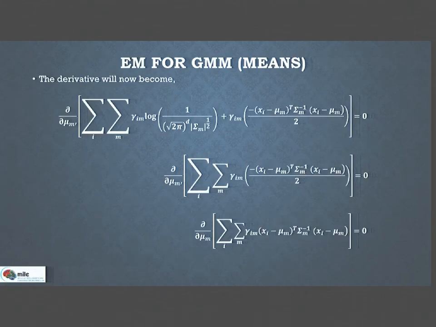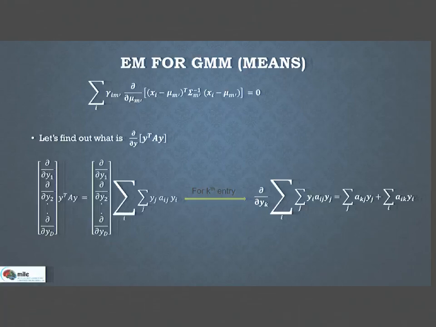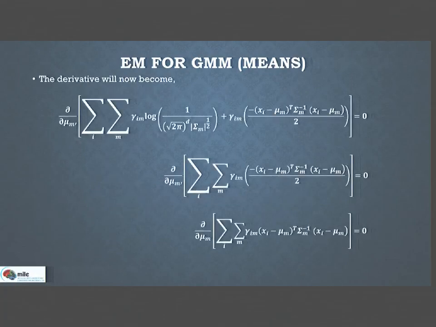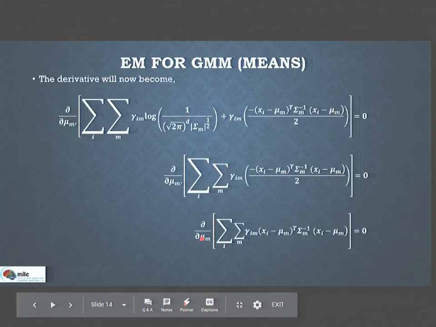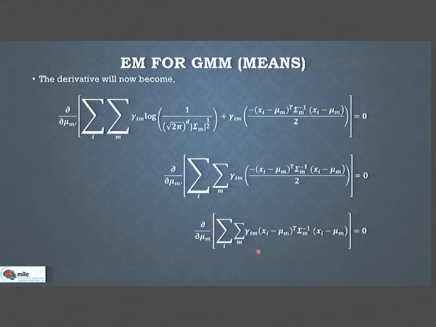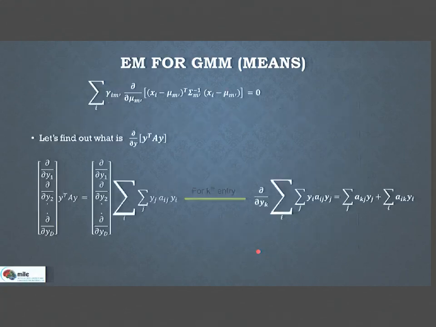Now we have to take this derivative inside. This derivative is with respect to mu m, so you can take the m outside.